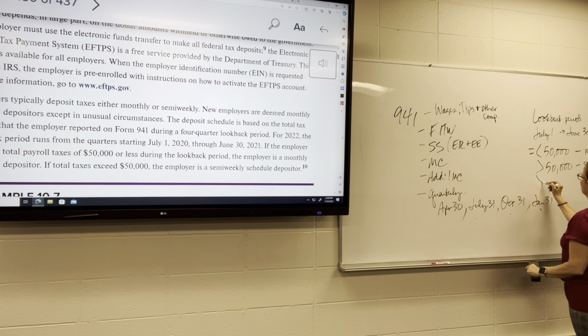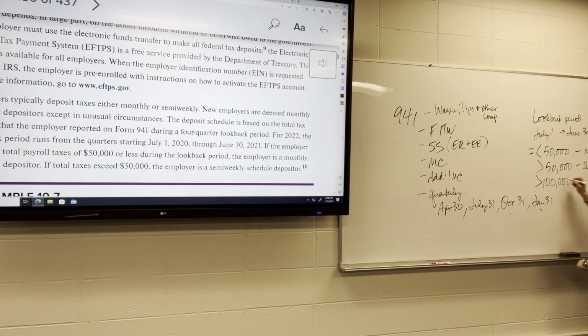If it's greater than 100,000 during one pay period, and this is not during the look back period, then it's next day. Okay, so for these two, we're looking at the look back period. For this one, we're looking at one particular pay period.